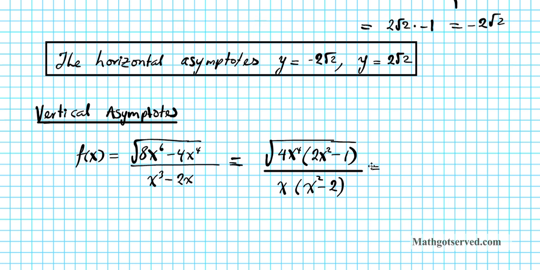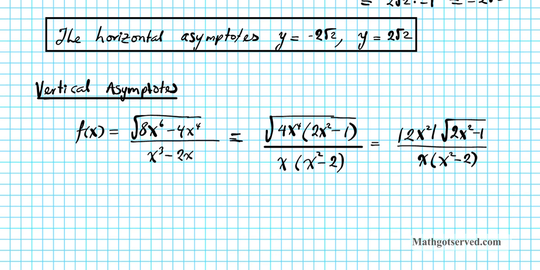All right, the numerator, if we root both of them, we're going to have the absolute value of the square root of 4 is 2. The absolute value of 2x squared times the square root of 2x squared minus 1 divided by x times x squared minus 2.